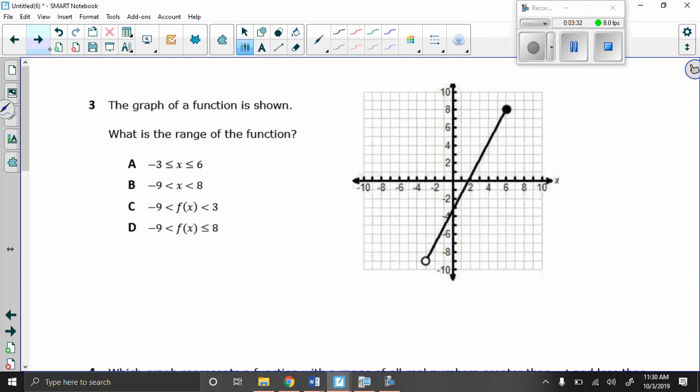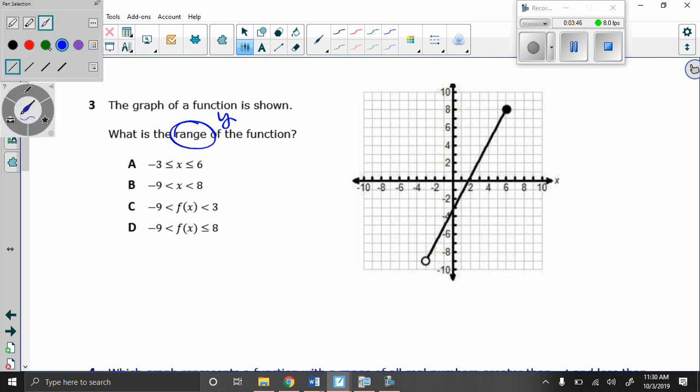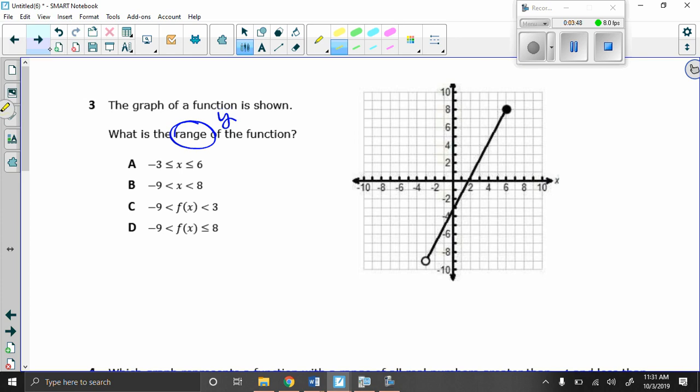For number 3, it's wanting us to find the range of the function, which is going to be our y values, or our y-axis. So again, I'm going to get out a highlighter. And this time I'm going to be highlighting the top and the bottom of my box, or my highest and lowest point.